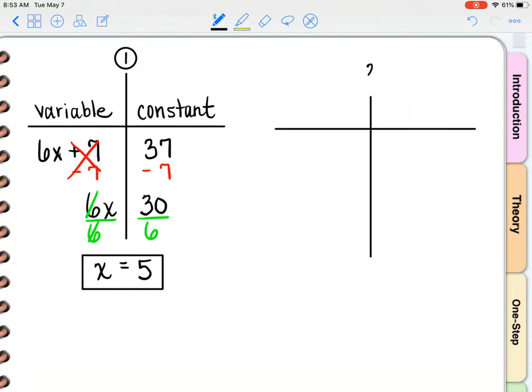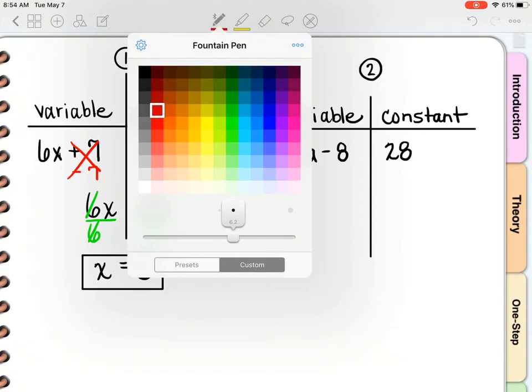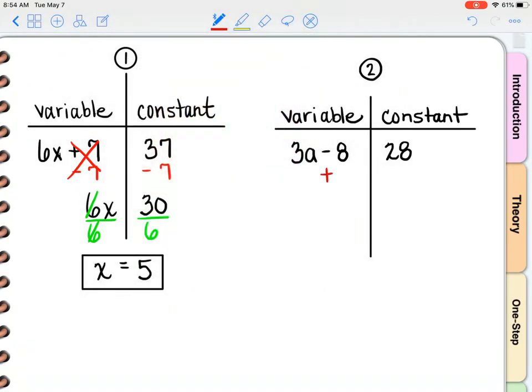Okay, so this is problem 2, equation 2, and it is 3a subtract 8 equals 28. So here's the constant side, and your variable is on the left. So I need to move the minus 8. I do that with an opposite, and I cancel.